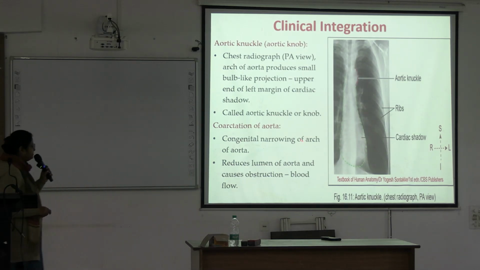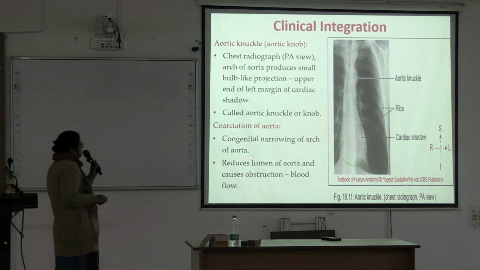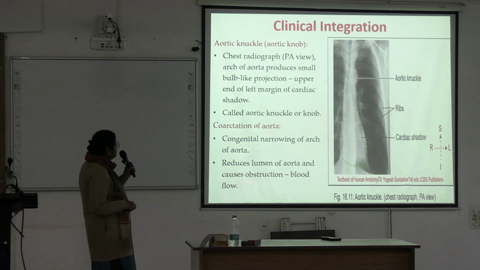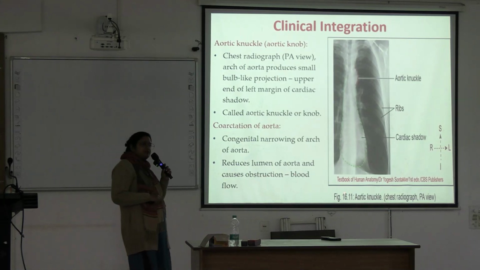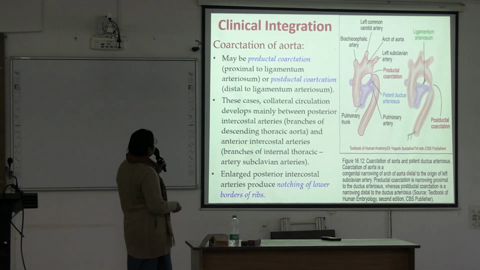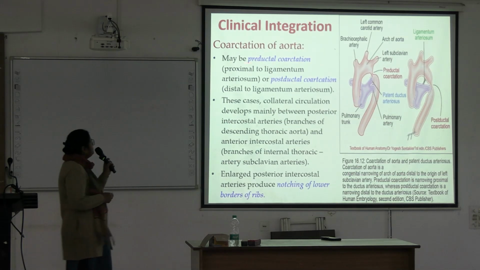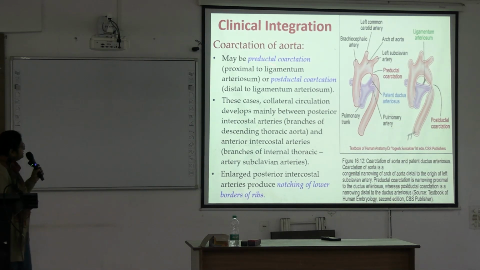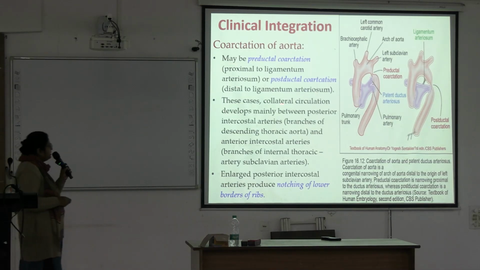Next, coarctation of aorta. Coarctation is congenital narrowing of the arch of aorta. It reduces the lumen of aorta and causes obstruction to the blood flow. Okay. Coarctation may be preductal coarctation, proximal to the ligamentum arteriosum.